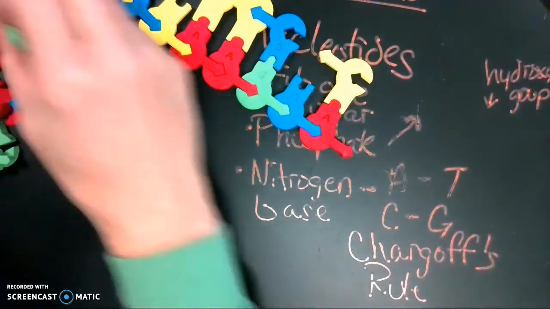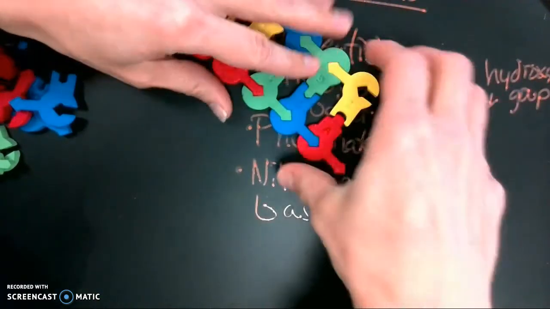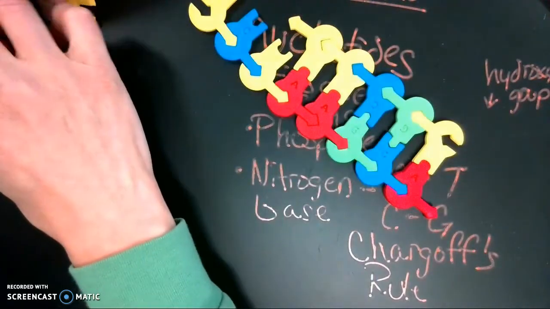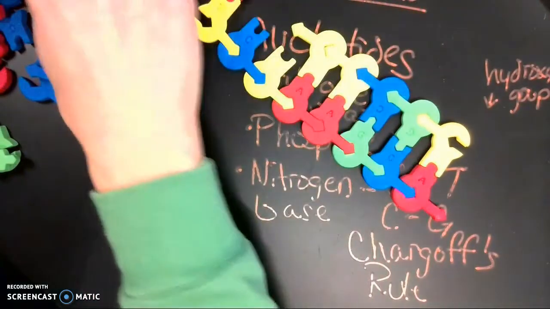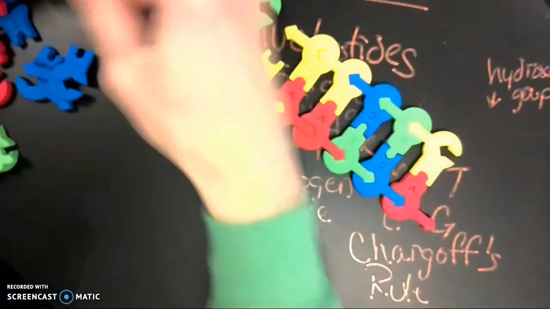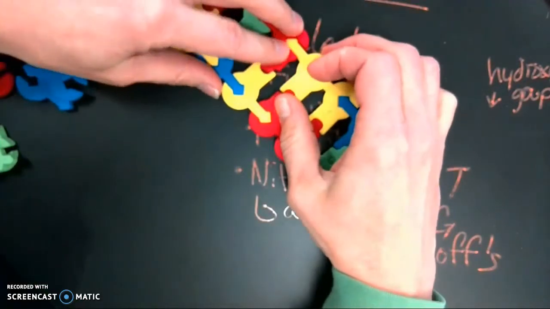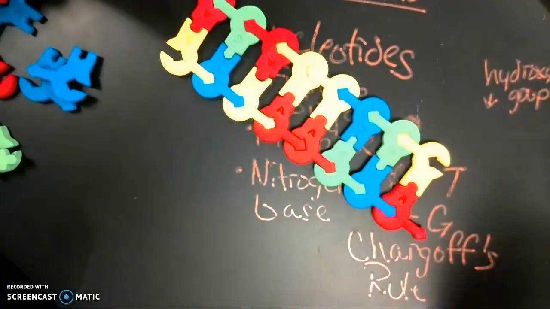They're going to click together. So we're going to have our mini DNA strand here, all click together. Double stranded. It's going to look something like this.